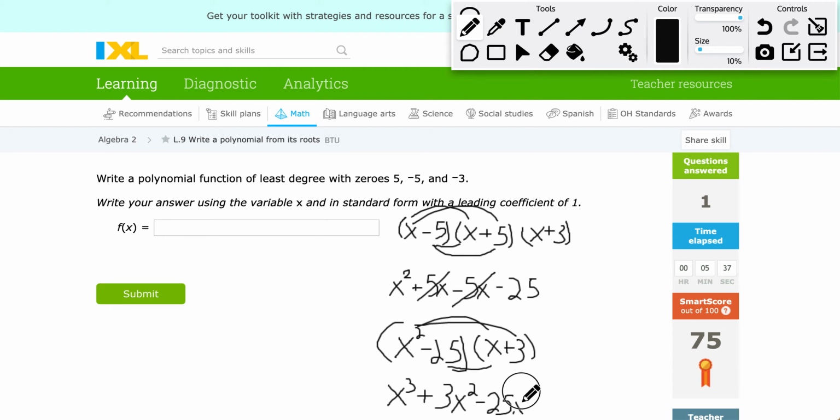And then finally at the end here, negative 25 times 3 is going to give me negative 75. So we've got to be careful with our multiplication here. None of these are like terms because we have different exponents, a 3, a 2, this is technically a 1, this is technically a 0. So that's our final solution there. I'm going to use the buttons that IXL provides to get those exponents. And then we'll double check, make sure what we had was good.